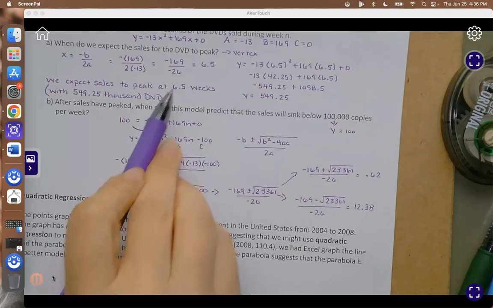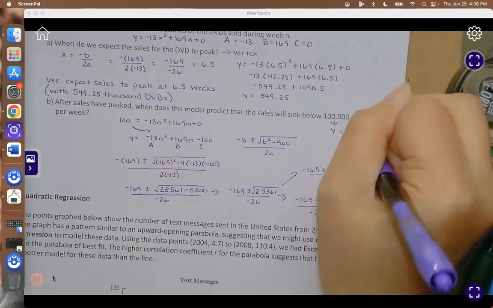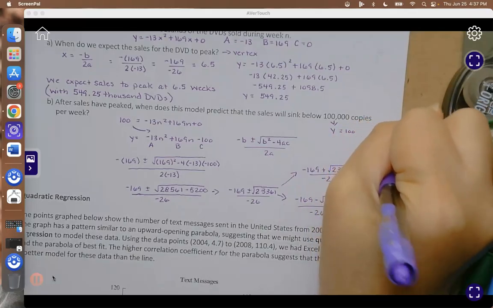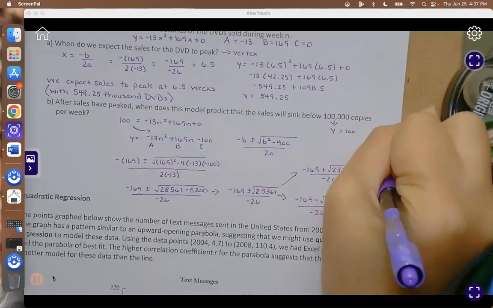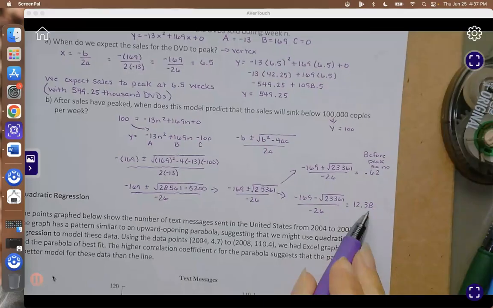Well, look at when they peaked. This number is before it peaked. So no, it's not that number.